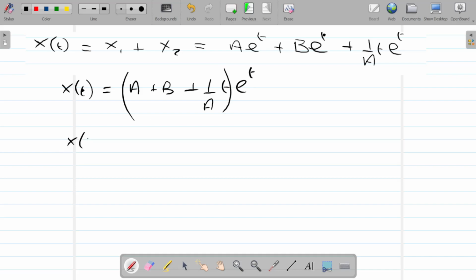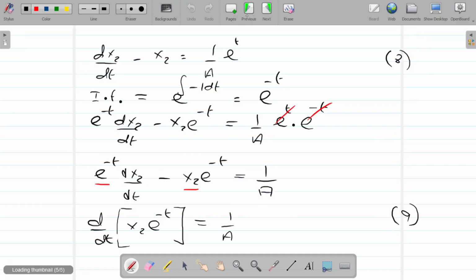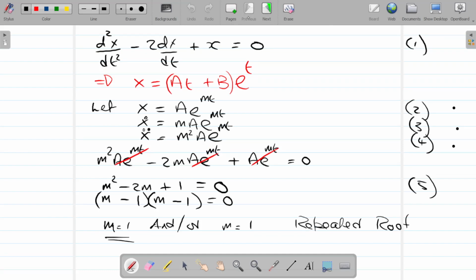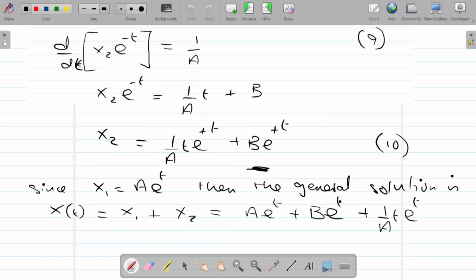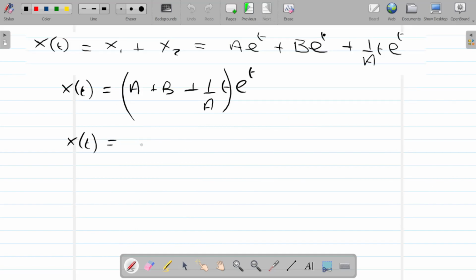So x of t is equal to, and how did I write the solution before? At plus b times e to the t. Well, it doesn't matter really what we call our constant, because we can call a plus b c1 and the 1 over a c2 t times e to the t.